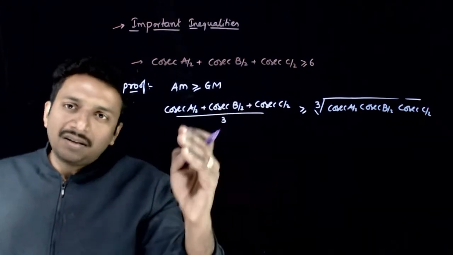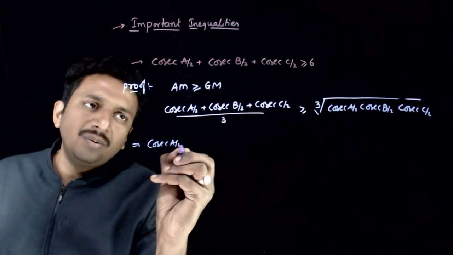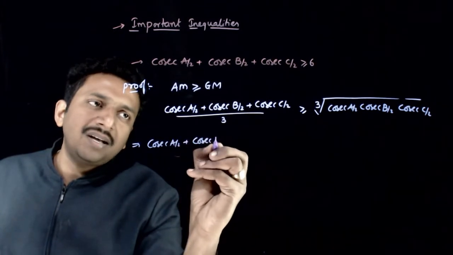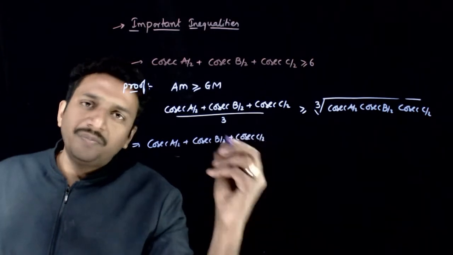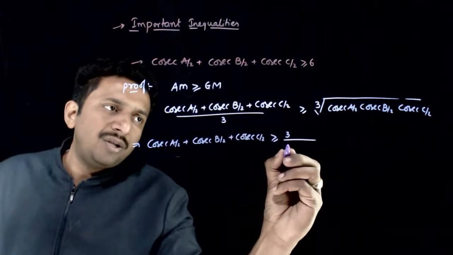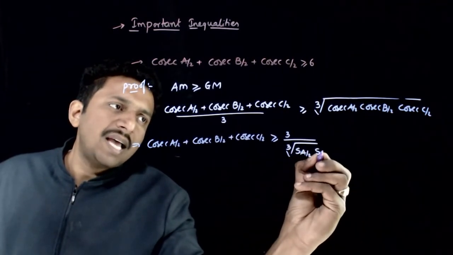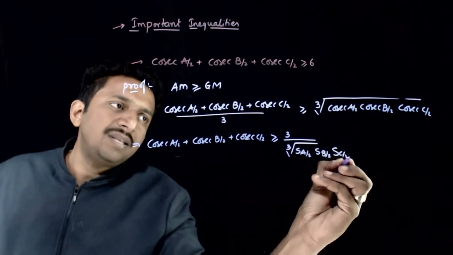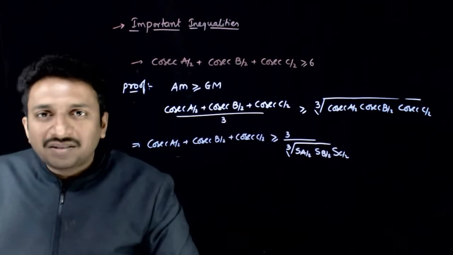Now if I send this 3 onto that side, cosecant A by 2 plus cosecant B by 2 plus cosecant C by 2 is always greater than or equal to 3 by the cube root of sin A by 2 sin B by 2 sin C by 2. So the sum of this will always be greater than 3 by this.